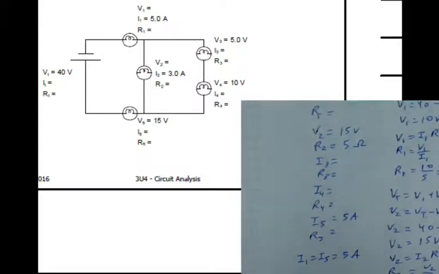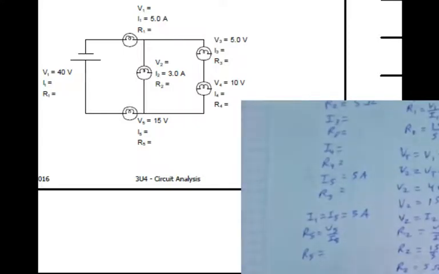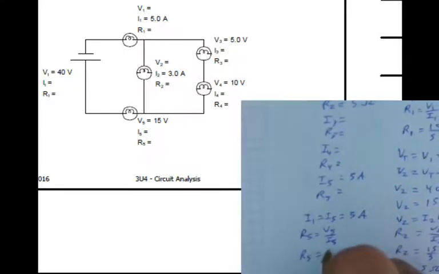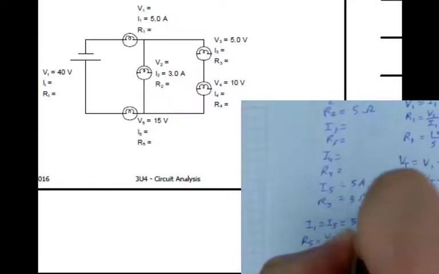And that helps me find R5. R5 equals V5 over I5. So R5 would equal 15 over 5. And that equals 3 ohms. So I can fill in 3 ohms here.